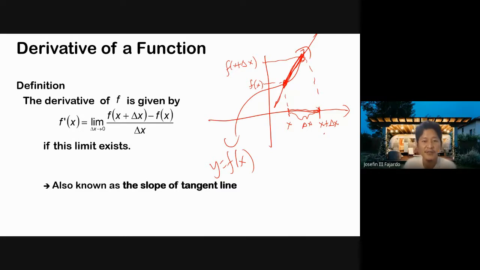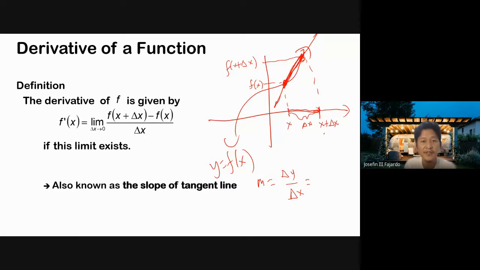So if we consider this line segment here, and we try to get the slope of this line segment here, if you remember, the slope of the line is equal to delta y over delta x, right? The y1 minus y2 over x1 minus x2, if you remember the slope of a line segment.